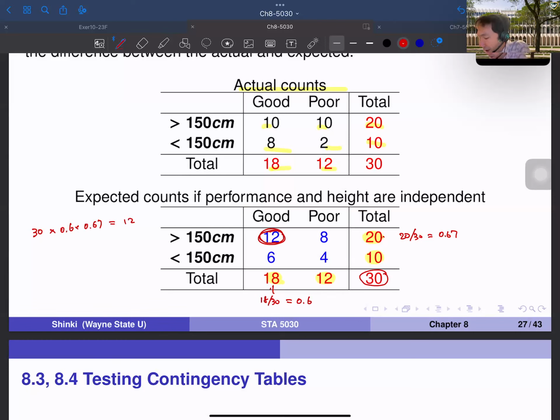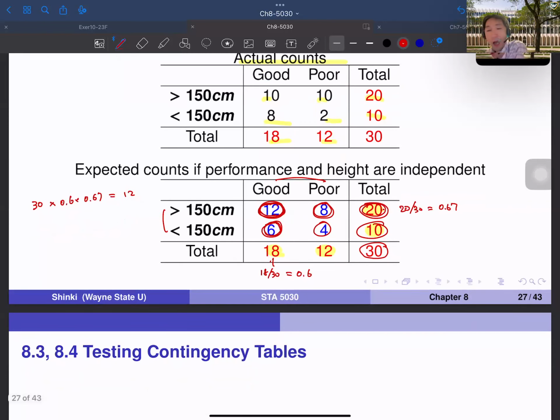So if these two factors are independent, we expect 12 students here, and 8 students here, and 6 students here. You can calculate 20 minus 12 as 8. And this is 6 and this is 4. Overall, if 60% of students have good academic performance, then in this subgroup 60% should be here, and in this subgroup also 60% is here. So this table is what should appear.